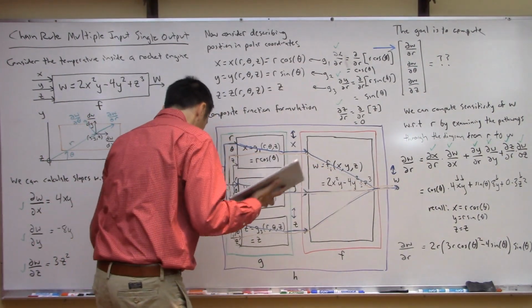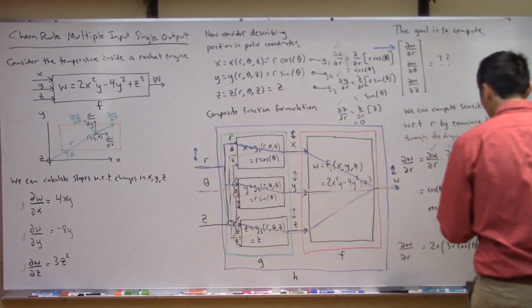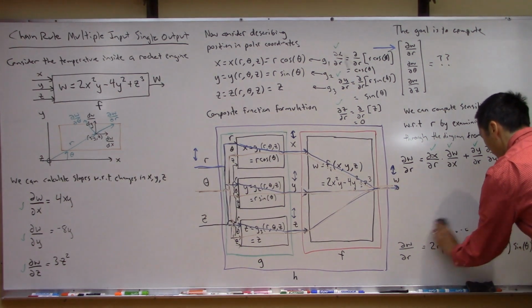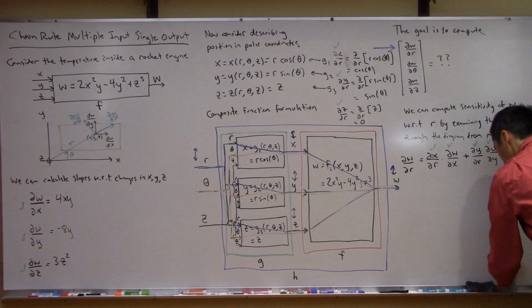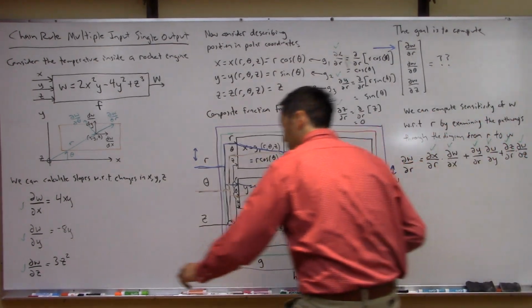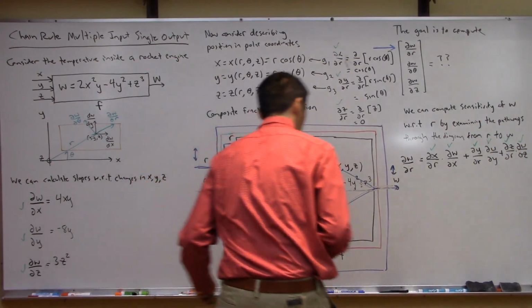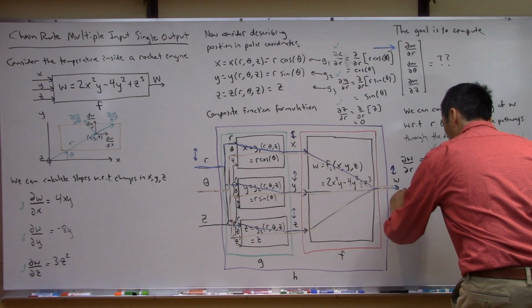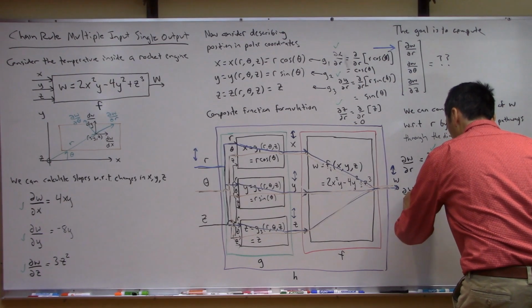So now, just for completeness, let's see if we can keep some of these up, because I want to see how these change and what terms are different. Many of the terms are actually the same. So now, what we're looking for is partial w with respect to theta, okay?